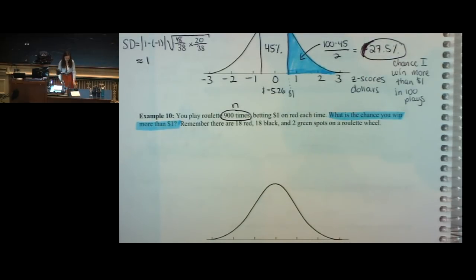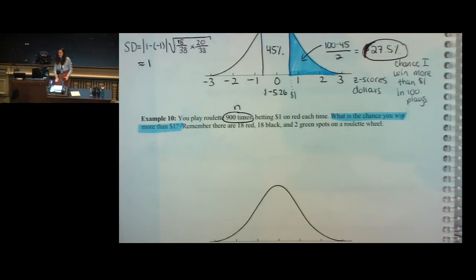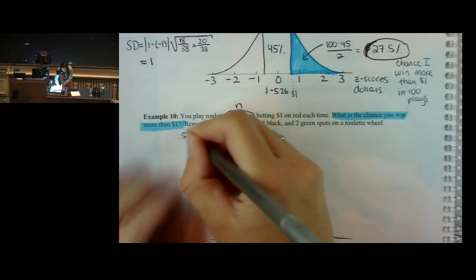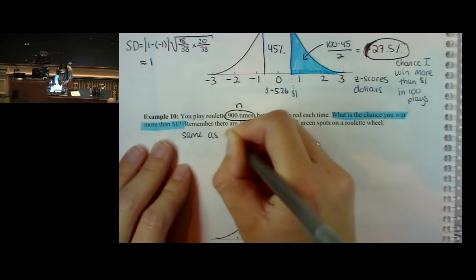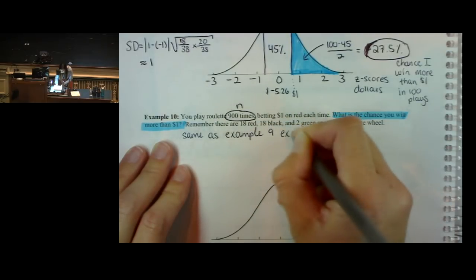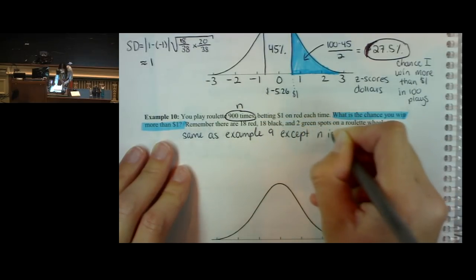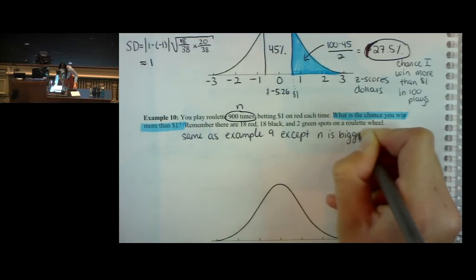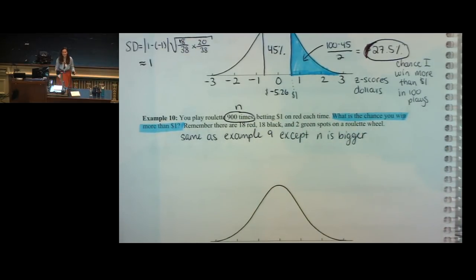So my question for you guys: this is basically the same as example 9, except N is bigger, 900 instead of 100. Before we actually figure it out, what do you think?